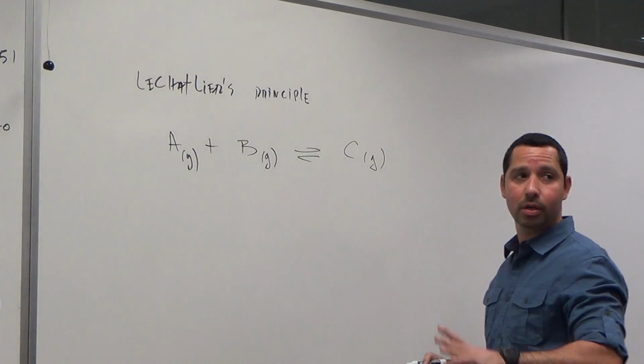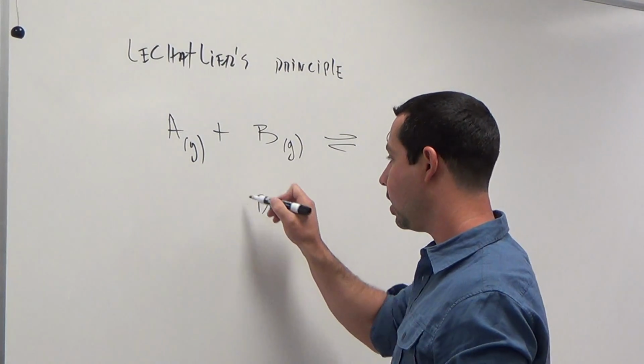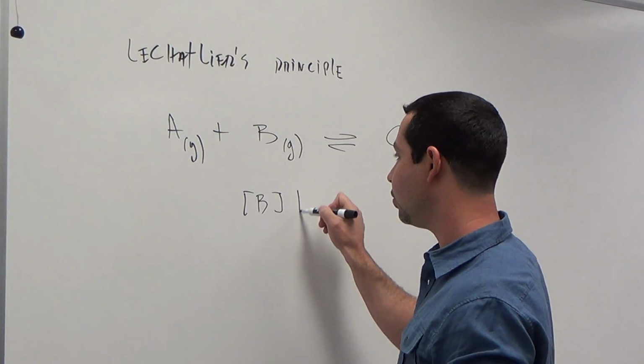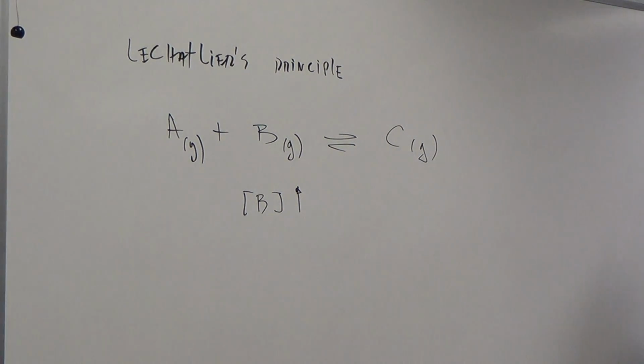So, ready? If I add B, I increase the concentration of B. I added B to this system, yes? What does the system try to do to my disturbance, which was at B? It tries to do what to B?